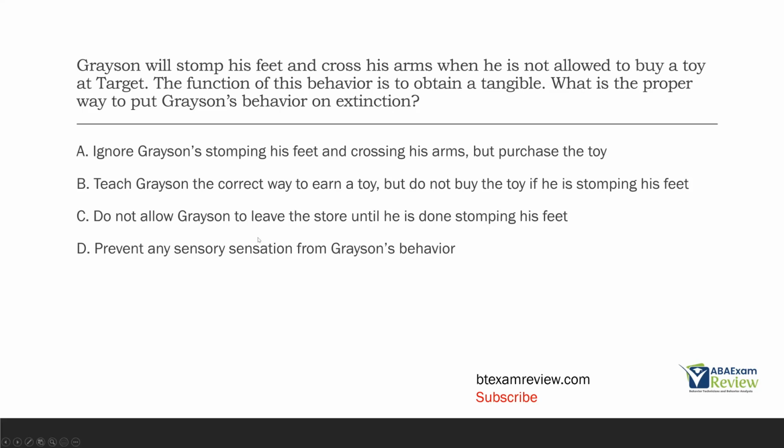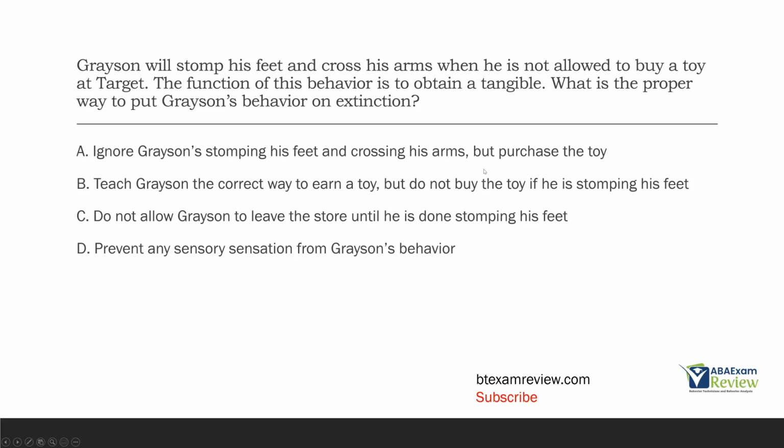C, do not allow Grayson to leave the store until he is done stomping his feet. Again, that has nothing to do with withholding the toy. That's the essence of extinction here. We're withholding that tangible. And then D, prevent any sensory sensation from Grayson's behavior. His behavior isn't automatic or sensory. It's not about that, right?